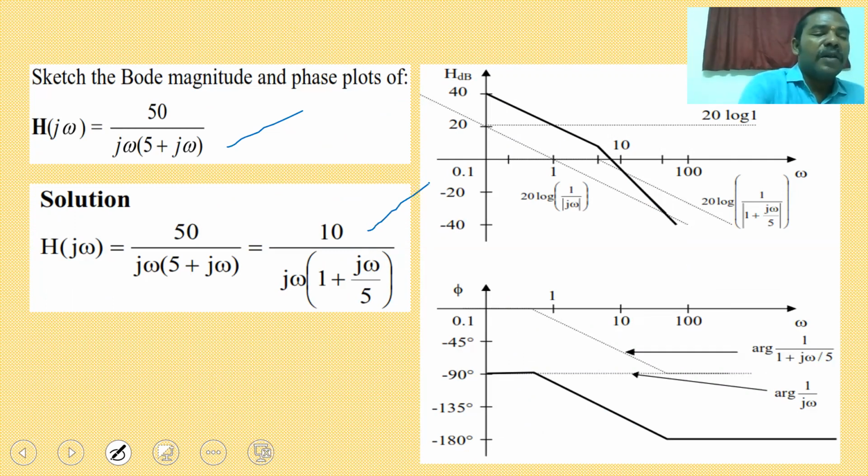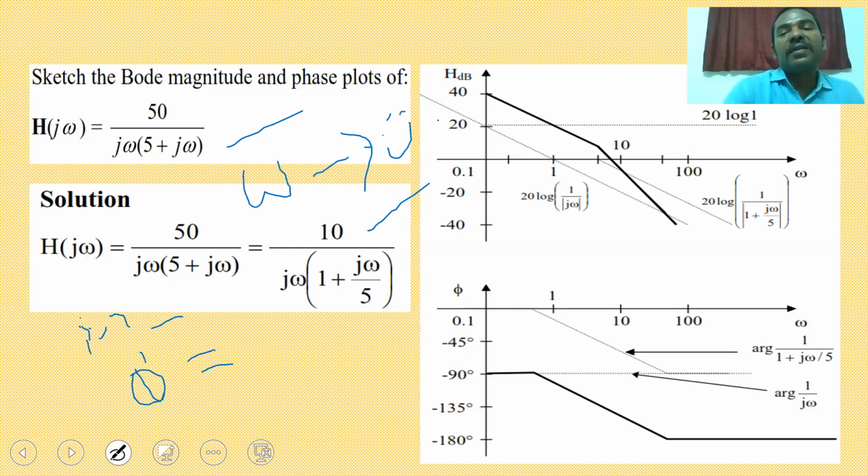So here the magnitude you have to write in terms of decibels, and the phase angle you have to write in terms of tan inverse, and substitute omega varying from 0 to infinity. Then this is your magnitude plot and this is your phase plot.